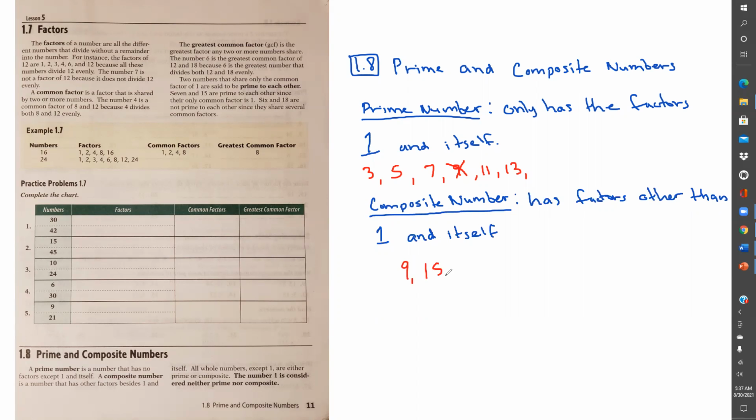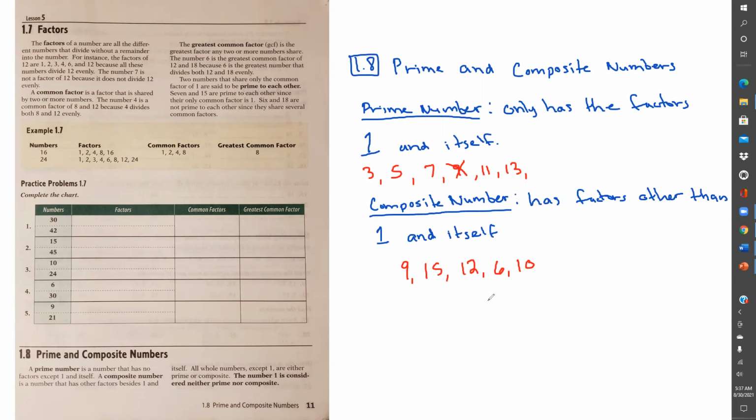We know 15 is composite. We know 12 would be composite. 6 is composite. There are a lot more composite numbers than there are prime numbers. Okay. So again, the test is, is there any other way to make this number besides just 1 times that number? I'll put 10 on there too.